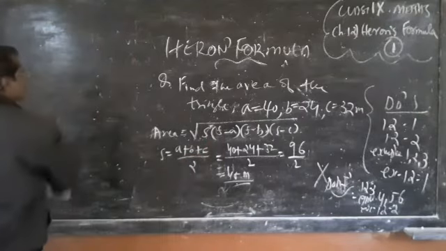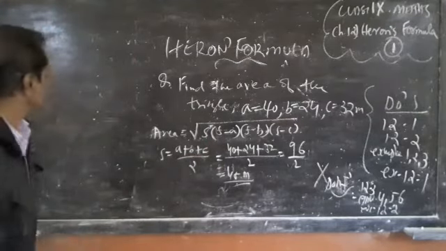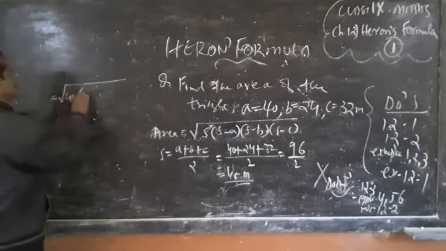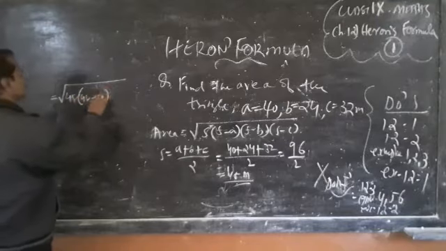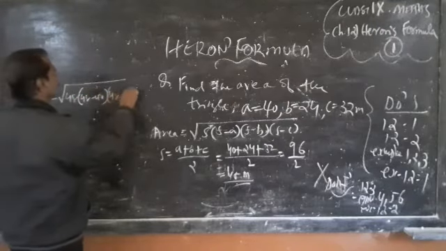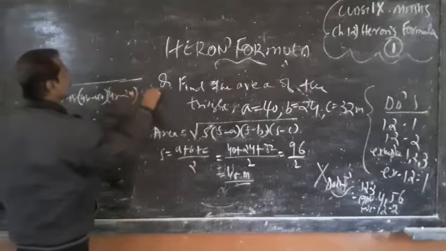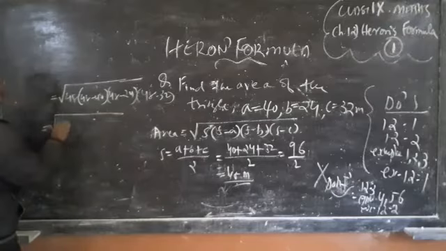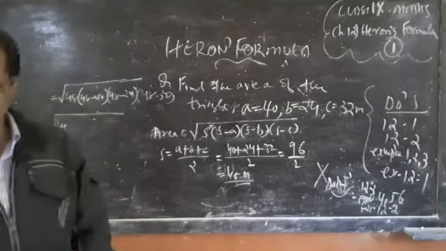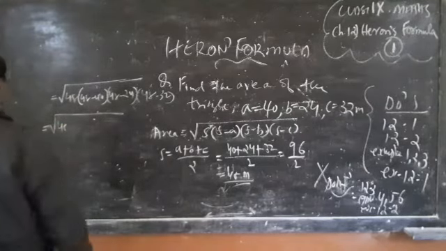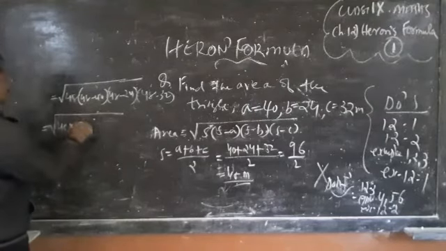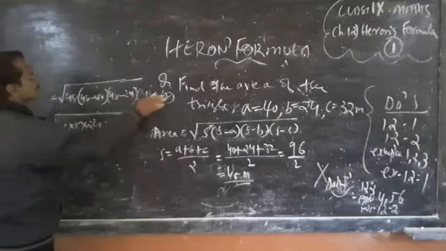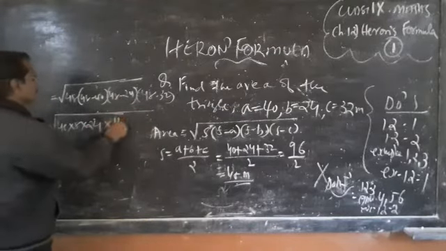Area equals root of 48 into 48 minus 40 into 48 minus 24 into 48 minus 32, equal to root of 48 into 8 into 24 into 16. 48 minus 40 is 8, 48 minus 24 is 24, and 48 minus 32 is 16.